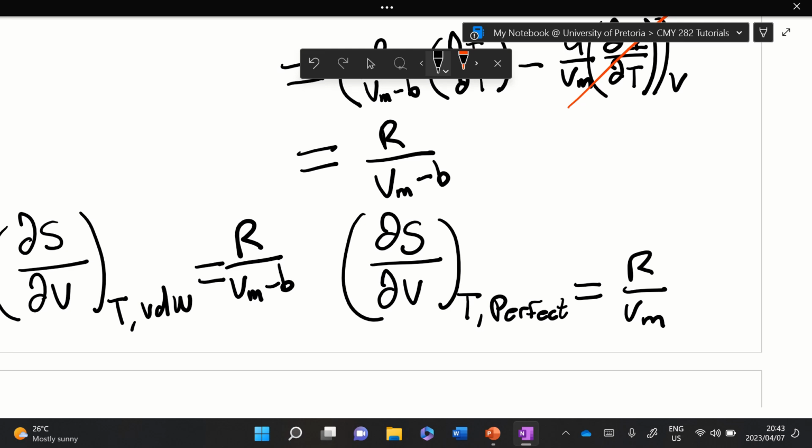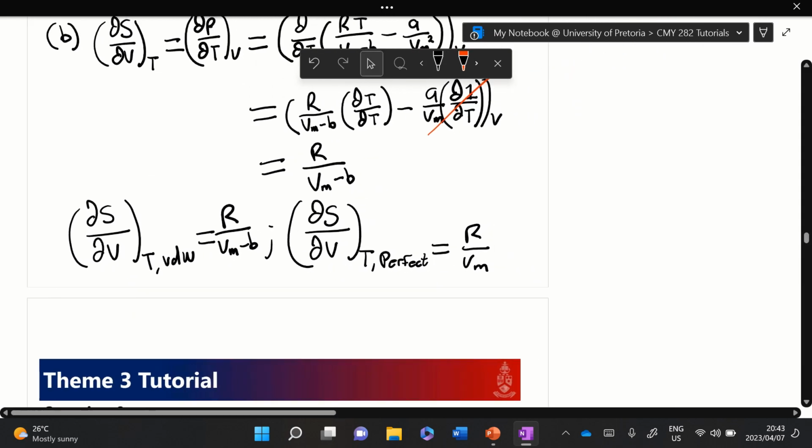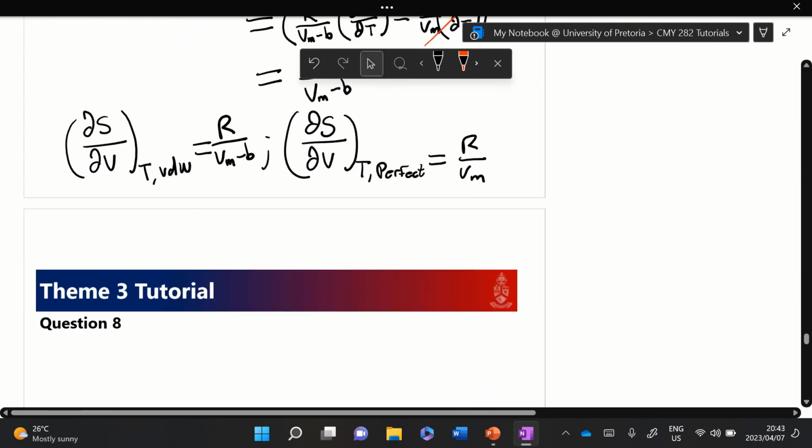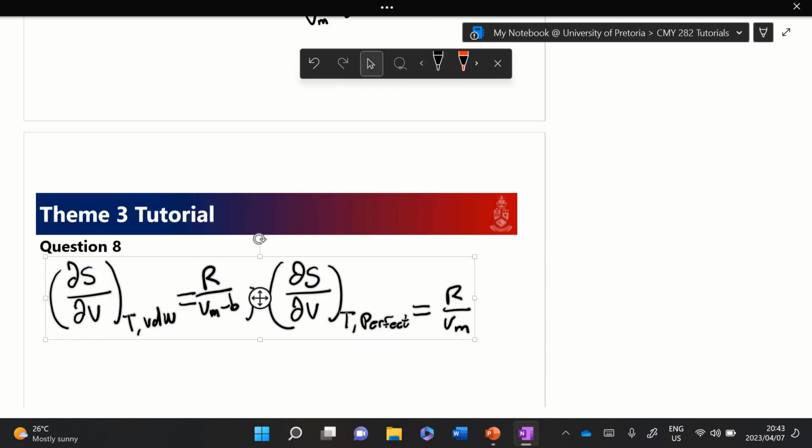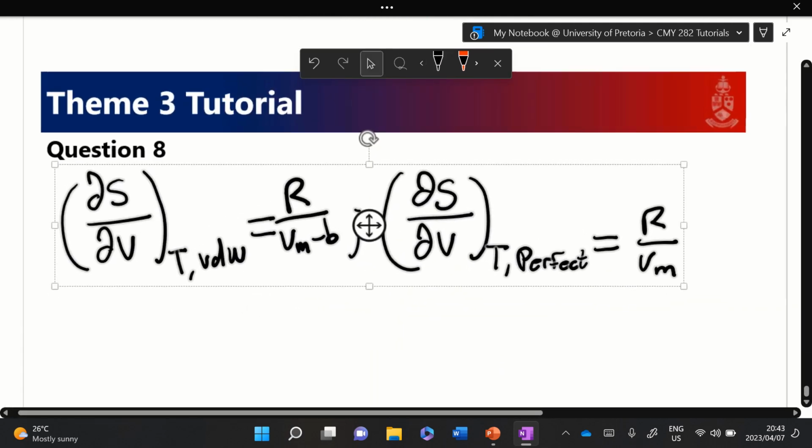So nearly the same, there's just a difference in terms of that B term.